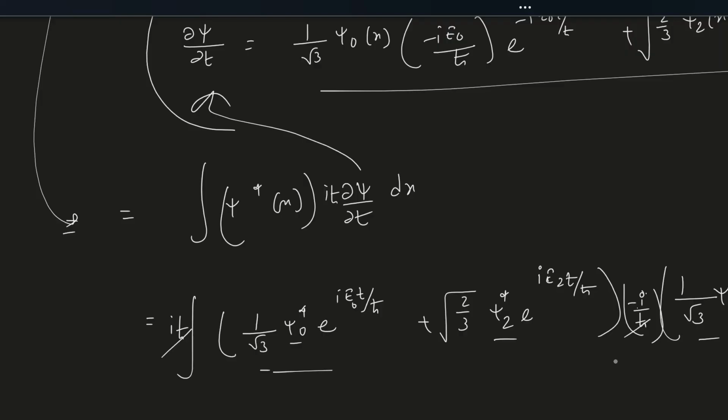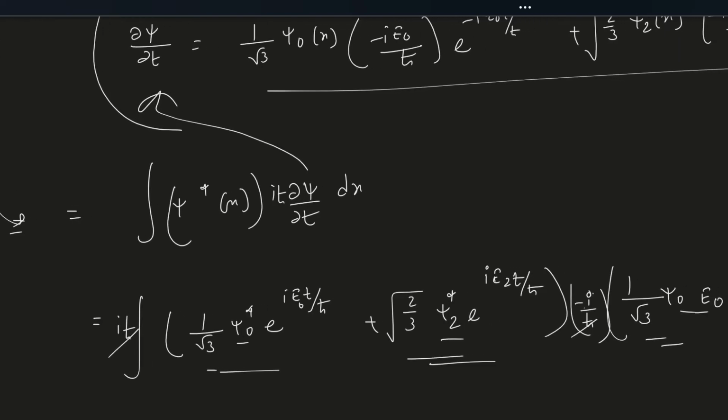So this term multiplied with this term will give you psi naught whole mod squared, and e to the power of this thing and this thing cancels out, because e to the power 0 is 1, and the extra term is E naught. So this is 1/3 psi naught squared E naught, plus this term and this term when you multiply, this is 2 by 3 psi 2 whole mod squared. Similarly this thing and this thing cancel out, and you get only E2, right?